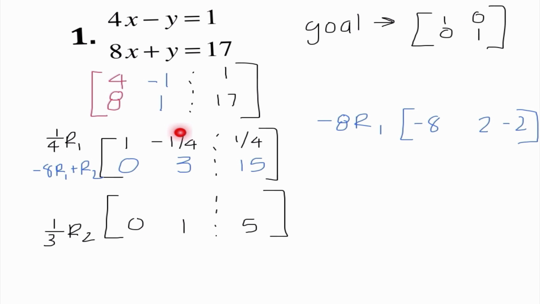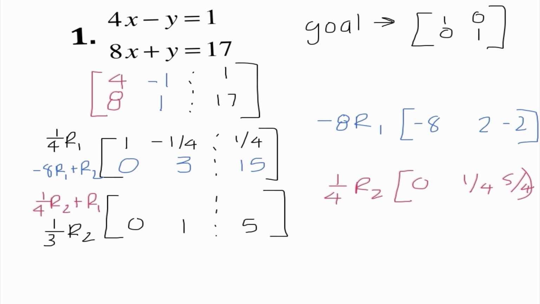Next, I need to think, what could I add to 1/4 to make it be 0? And I'm thinking we are going to do 1/4 times row 2 plus row 1. So 1/4 times row 2 would be 0, 1/4, 5/4.